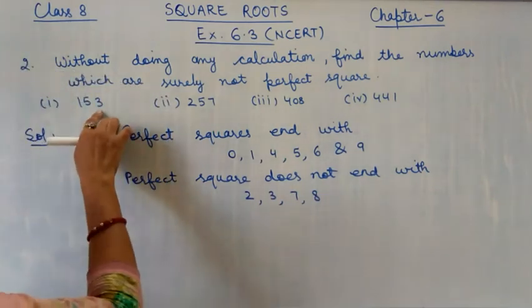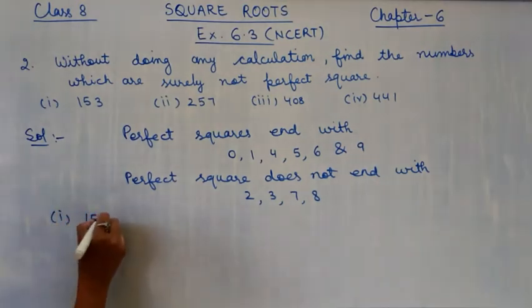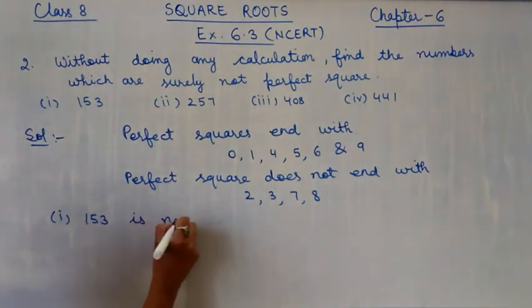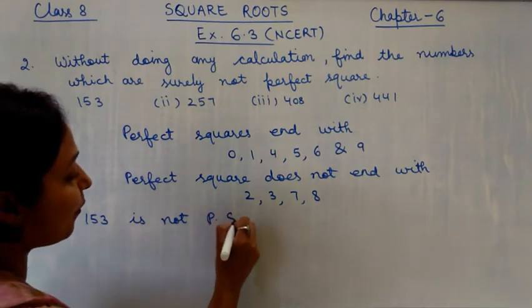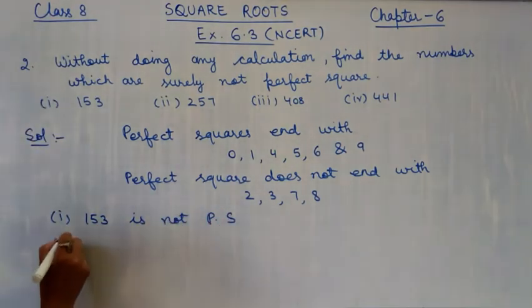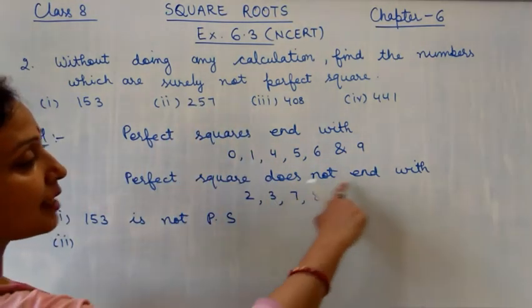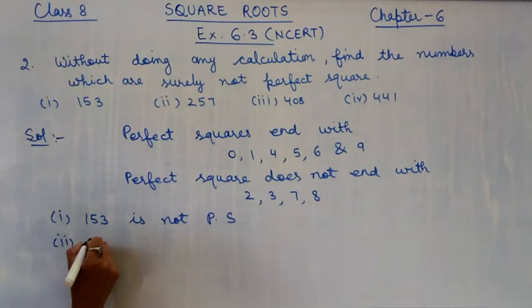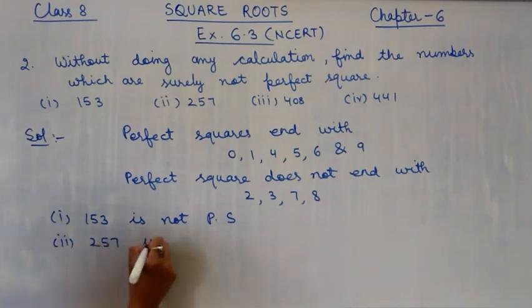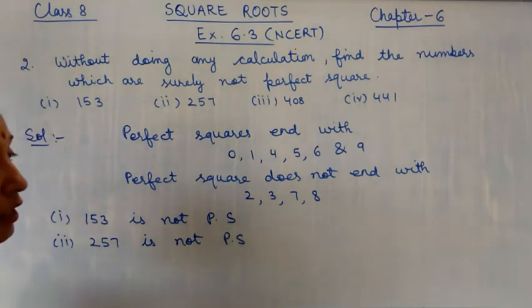So this number ends with 3. The first part, 153, is not a perfect square. PS means perfect square. Second, 257 ends with 7, so it is not a perfect square, without doing calculation.